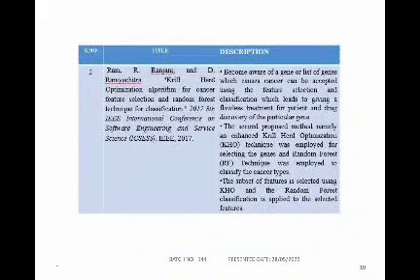One more is by Rani or Ranjani and D. Ramaya Chitra: Krill herd optimization algorithm for cancer feature selection and random forest technique for classification. Description: becoming aware of a list of genes which cause cancer can be achieved using feature selection and classification, which leads to giving a flawless treatment for the patient and drug discovery for the particular gene.